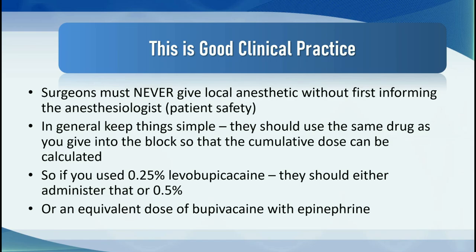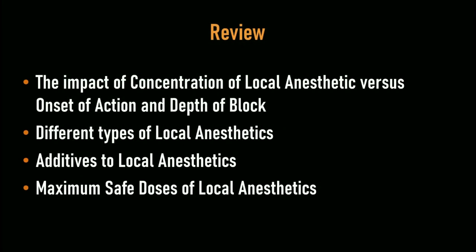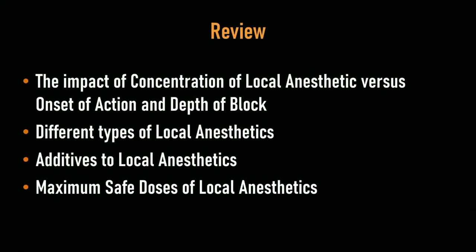Let's review this tutorial. In this tutorial, I discussed the impact of concentration on local anesthetic agents versus onset of action and depth of block. We looked at the different types of local anesthetics, the agents that are added to local anesthetics to improve their function, and the maximum safe doses of local anesthetics.